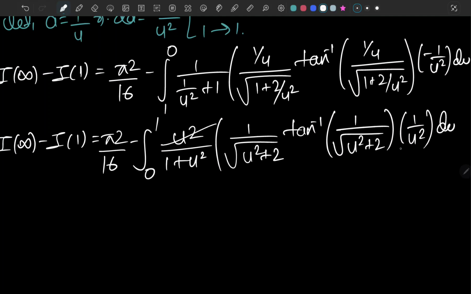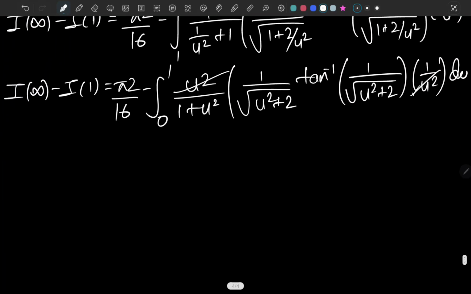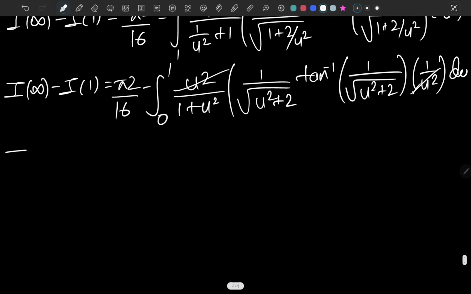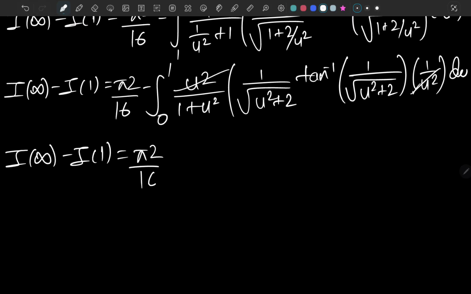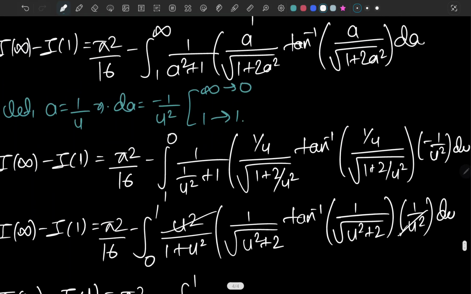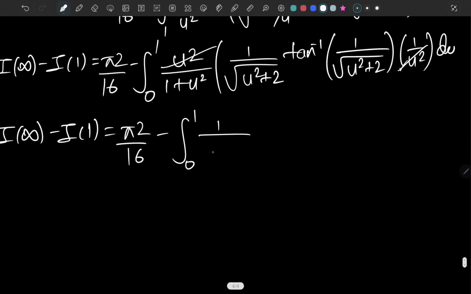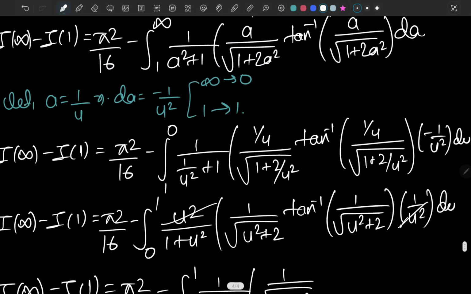This u squared and this u squared get cancelled out. So finally we have I of infinity minus I of 1 equals pi squared over 16 minus the integral from 0 to 1 of 1 over u squared plus 1 times 1 over the square root of 2 plus u squared, as we had earlier.